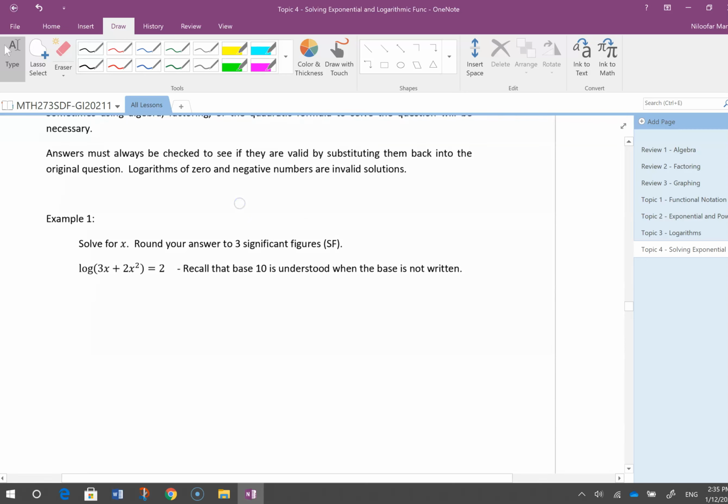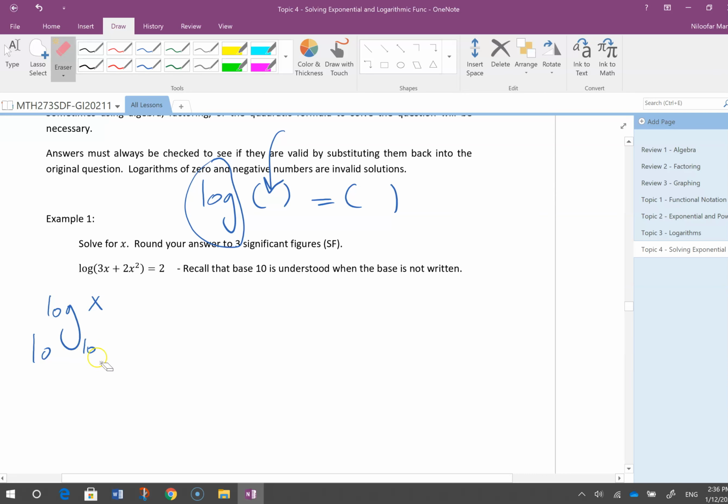Okay, so look at this. When I have a logarithm equal to something else, and I don't want to see this logarithm, I want to release this part, I would say I use 10 power on both sides. So remember, logarithm is base 10, and we all know that if I do 10 power logarithm of x, the result is x.